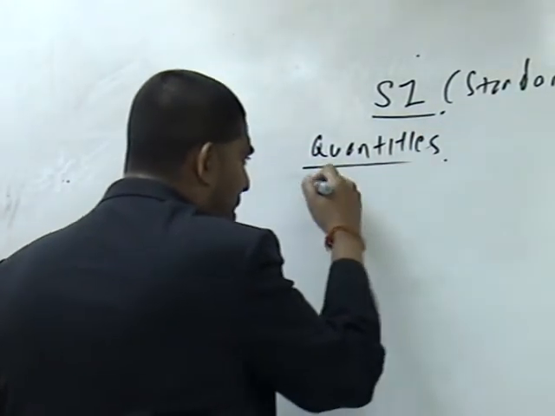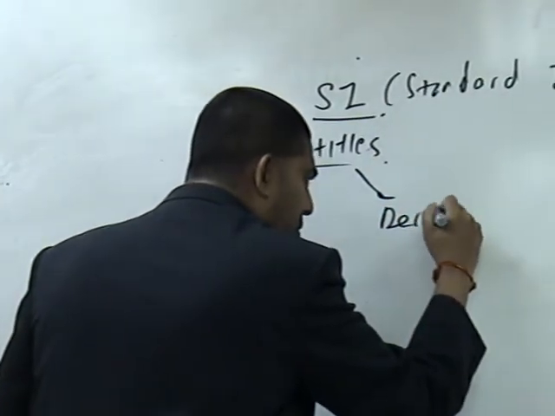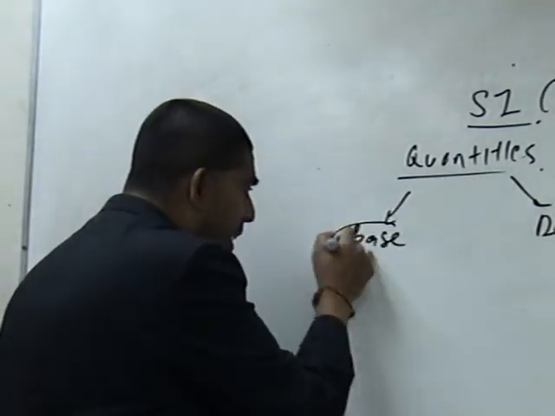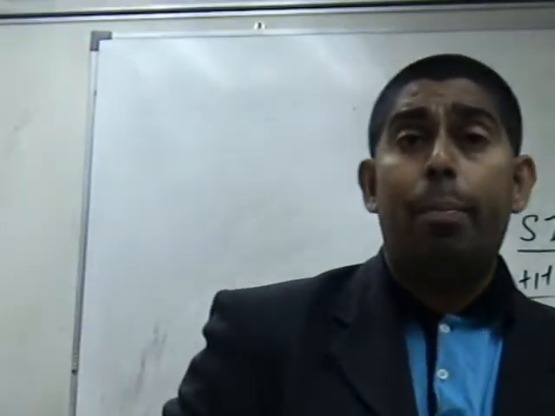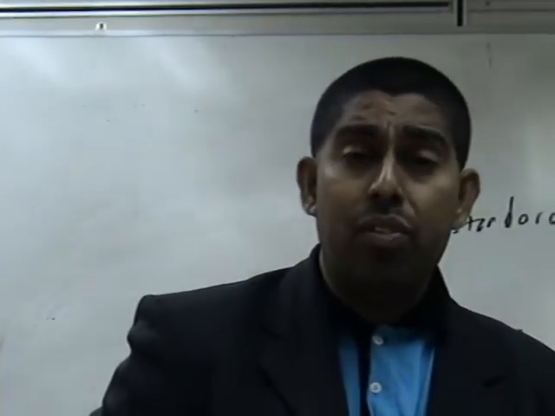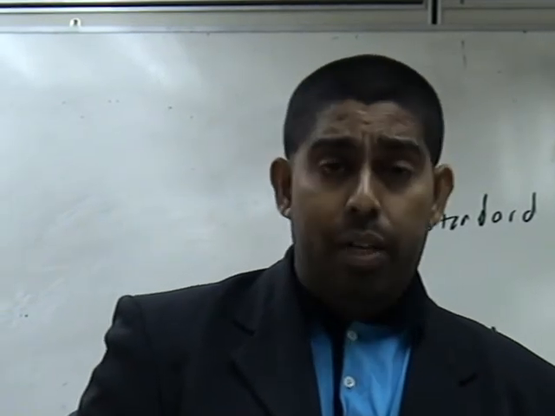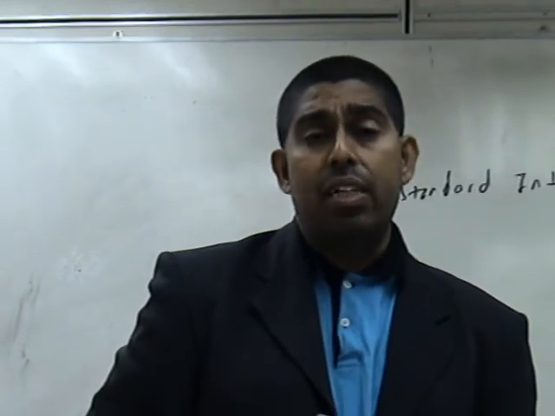One we call base quantity, and number two is called derived quantity. From this word itself, base means the basic. So base quantity means the basic of all physical quantity which cannot be formed from any other physical quantity.